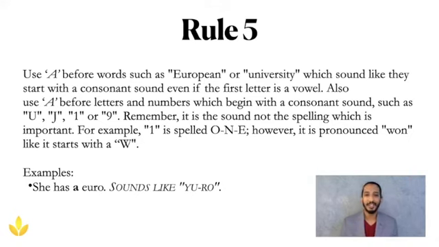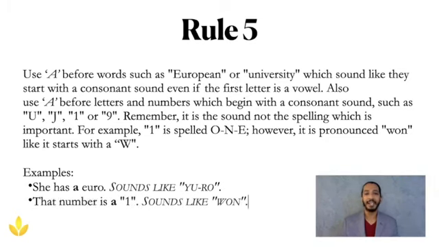Let's look at another example. That number is a 1. Again, relating back to the rule here, that number is a 1. So is that number an 1 just because 1 sounds like O-N-E? No, that's grammatically incorrect.